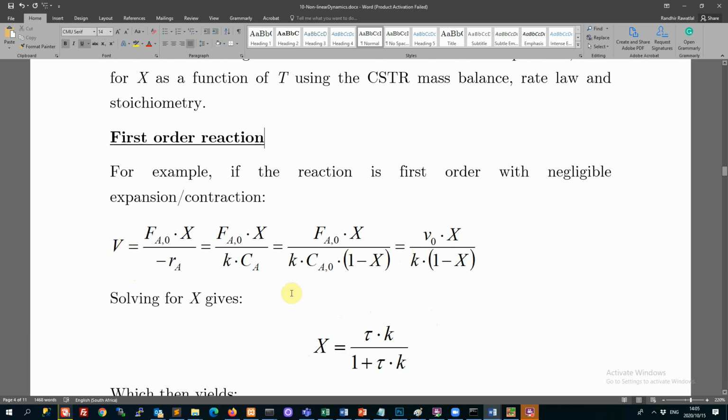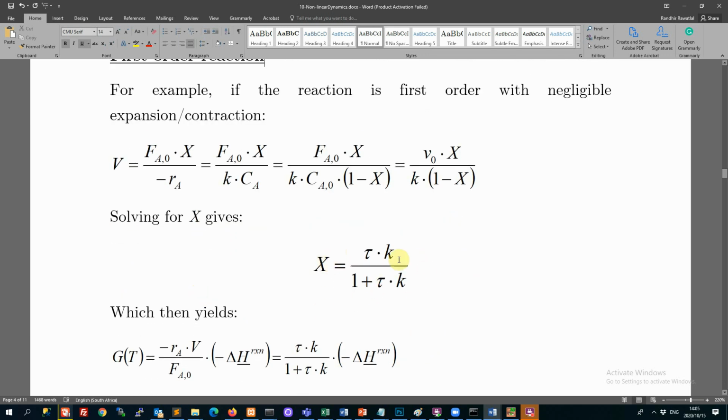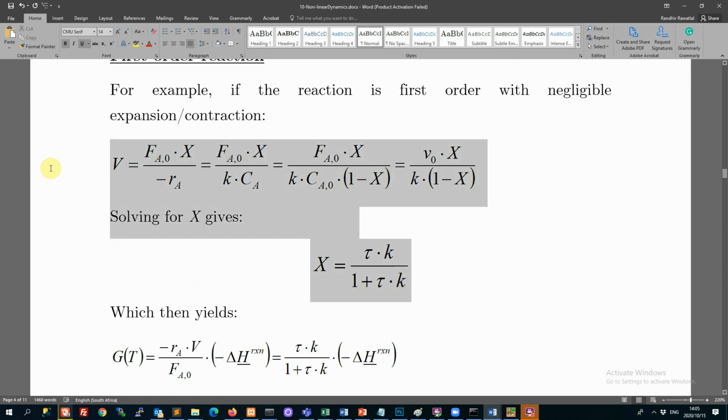So you'll have tau here, and then if you multiply by K, you'll have tau times K equals X over 1 minus X. And then you can solve that for X and show that's equal to tau times K over 1 plus tau times K. I haven't shown all the steps here. Just please work through this carefully and verify, ensure that you agree with this.